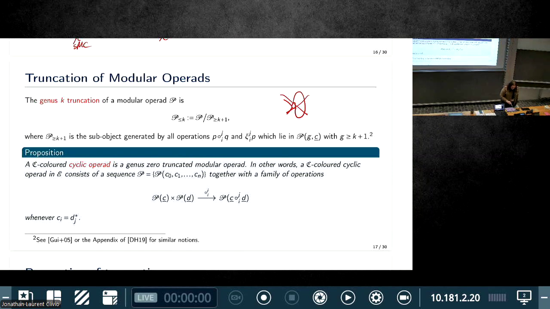All right. So what does this consist of? And I'll drop the genus then. This is going to be just a family of objects indexed by every profile in C, together with these type of cyclic operations, these casing profiles, whenever Ci equals Dj.